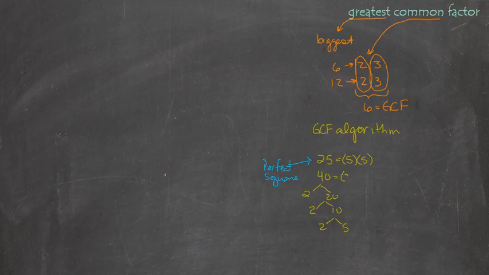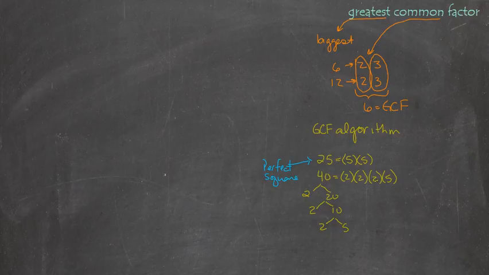Notice how the hockey stick method of doing a factor tree trains your mind to be able to do it without the factor tree.